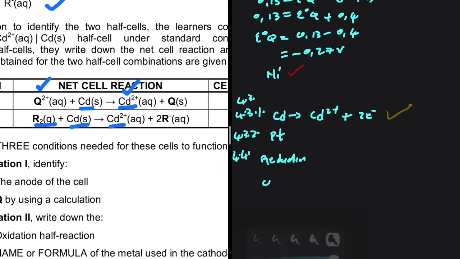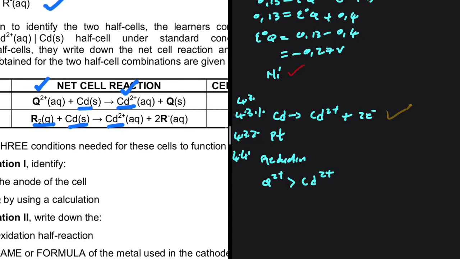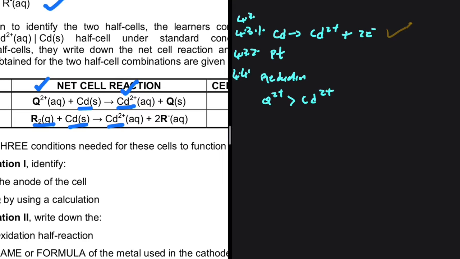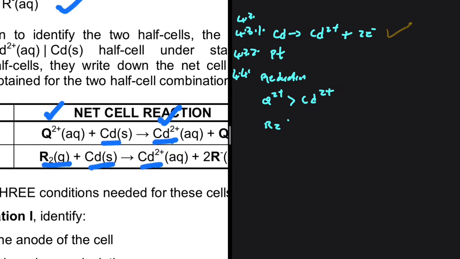So we know that Q to the 2 plus is a stronger oxidizing agent compared to Cd2 plus. If you look at our second combination, we can come to the conclusion that R2 is a stronger oxidizing agent compared to Cd2 plus because it also undergoes a reduction.